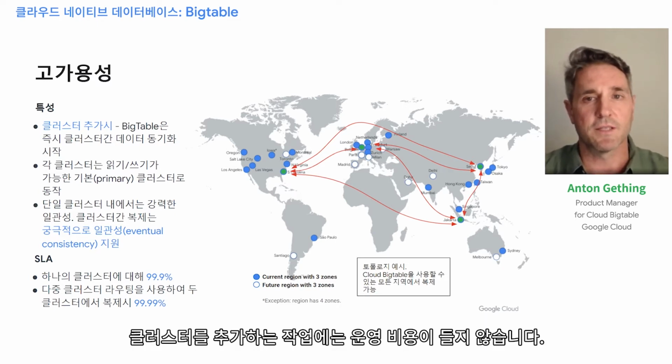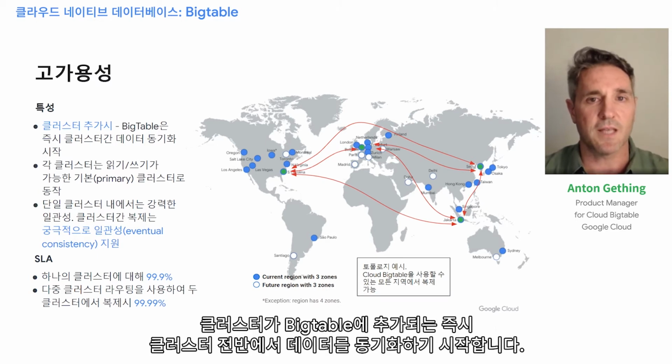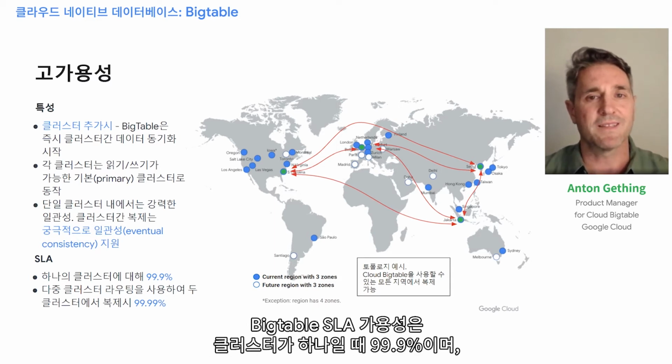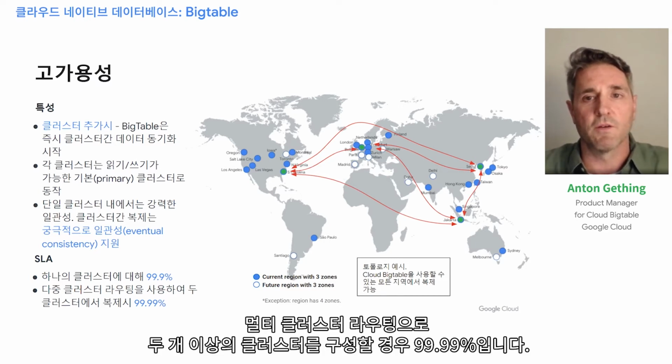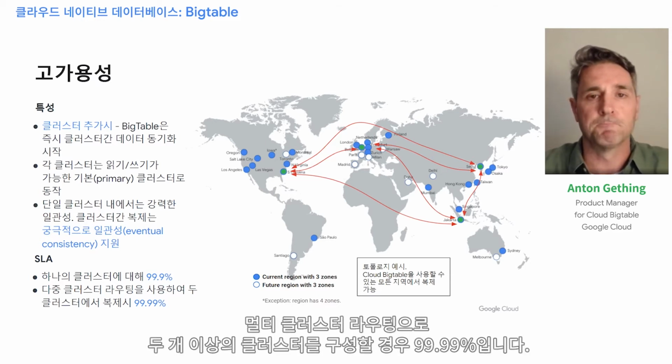Adding an additional cluster requires no operational overhead. The moment a cluster is added to Bigtable, it immediately starts to synchronize the data across clusters. The Bigtable SLA is 99.9% for one cluster, 3 nines for one cluster, and 4 nines of availability, 99.99% for replication of 2 or more clusters with multi-cluster routing.